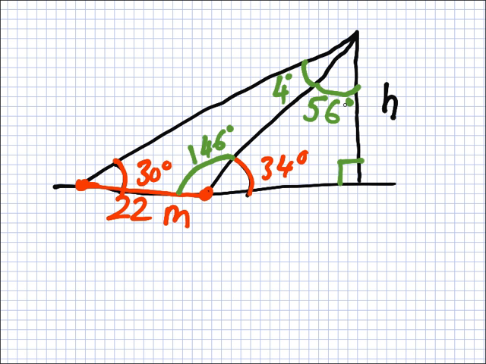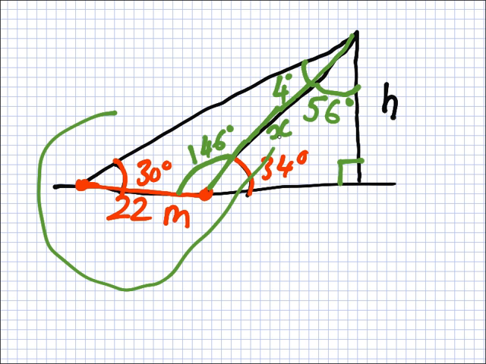Okay, what I'm going to do next. My tip for these questions is it's always good to work out the common side, this one here. I'll have to give it a letter. Let me call it X for the moment. Just look at this triangle on the left. What rule could I use to get the X? Cosine?